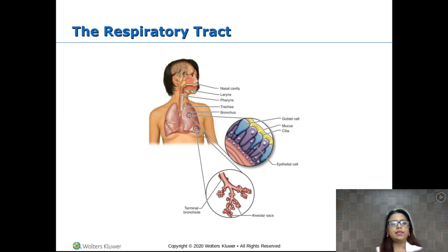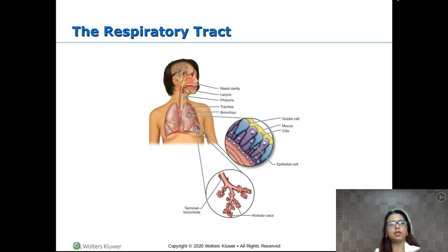If you look at this picture, the respiratory tract has the nasal cavity, larynx, pharynx, trachea, and bronchi. Then at the bottom, these are just the cells, and the bronchial tree turns into small sacs.